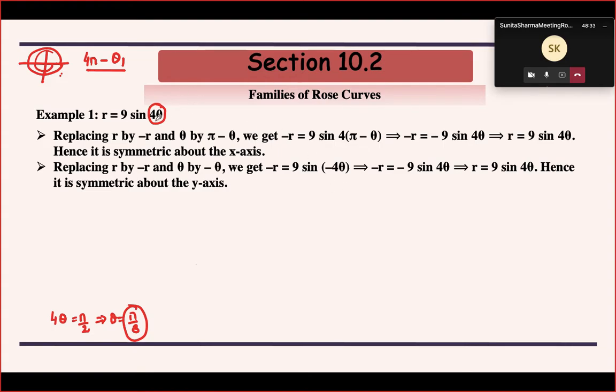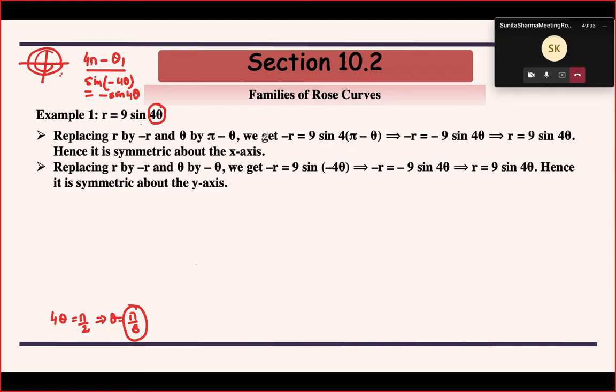But here if we replace theta by minus theta, we are going to get a minus sign, isn't it? Sine of minus theta, so that is not giving us the condition for symmetry. We'll not get the same equation. Is it fine?